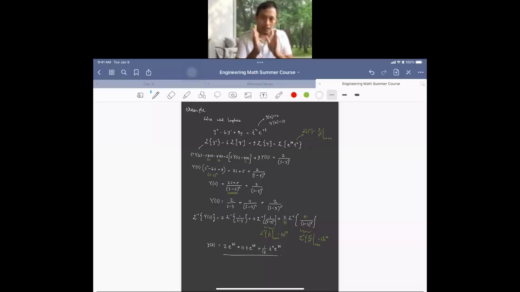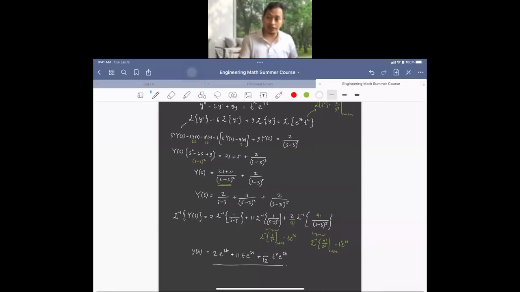We move it along the horizontal axis, and it changes its s, from s to s minus a, right?